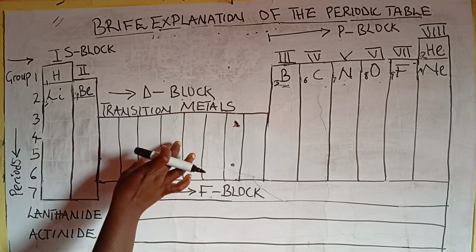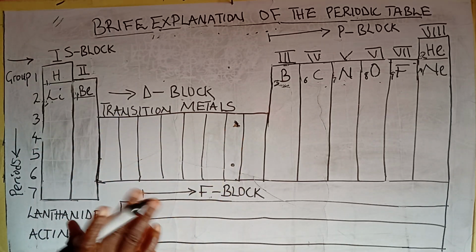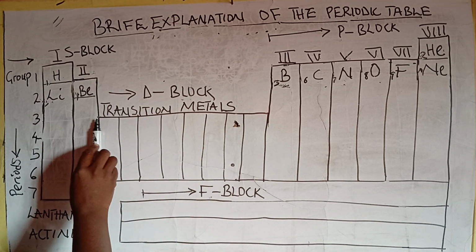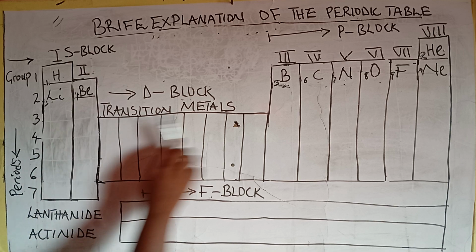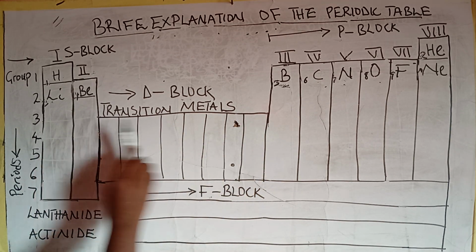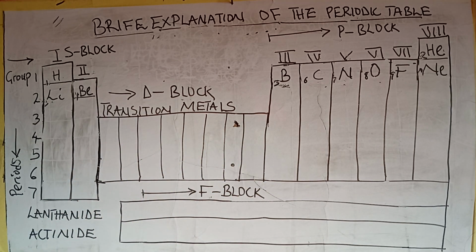The D block elements are known as the transition metals. Just as their name implies, transition, moving from the group 2 metals to the boron family, from the alkaline earth metals to the boron family, their metallic property decreases.